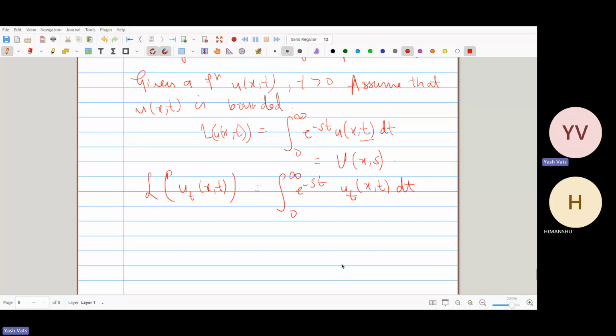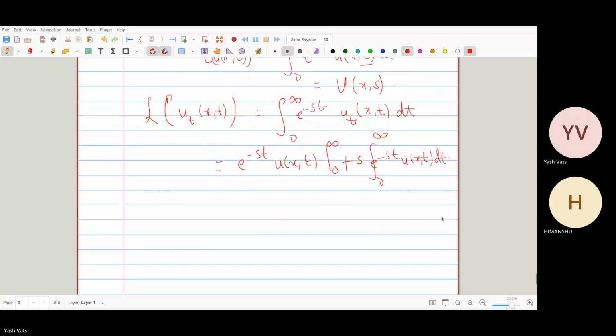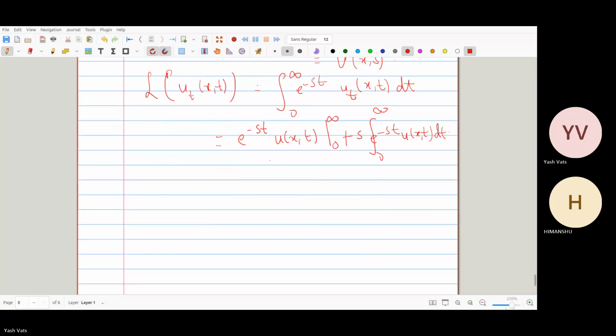So you just use integration by parts and say that this is u(x,t) from 0 to infinity plus s times the integration from 0 to infinity of e to the power minus st u(x,t) dt. So that is s U(x,s) minus u(x,0).